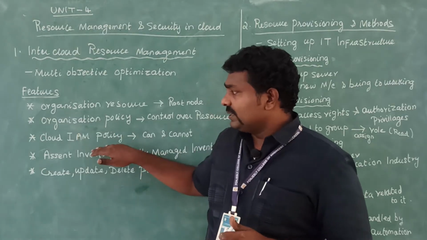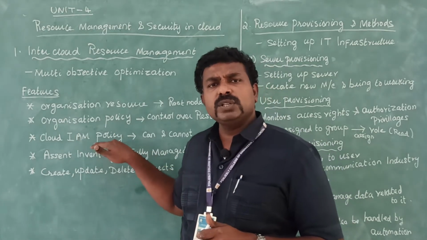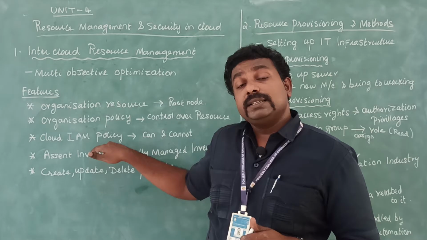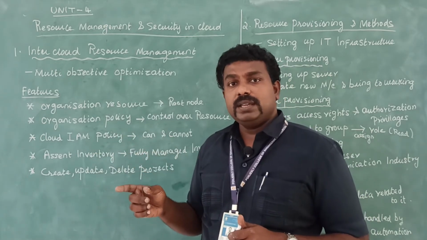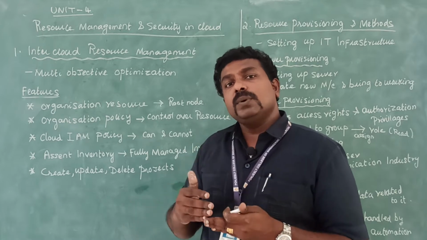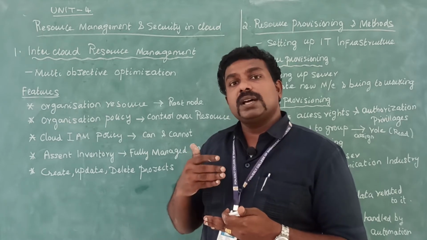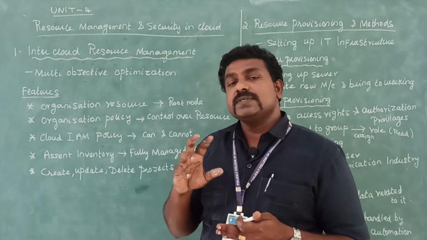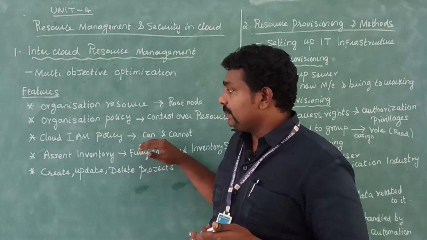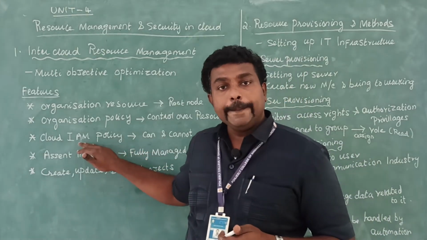The third one is cloud IAM policy. It tells you what can be done and what cannot be done. It defines which actions can be done or cannot be done. The operations which can or cannot be done can be defined with the help of cloud IAM policy.